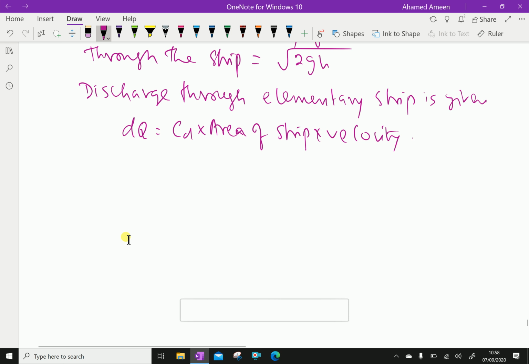Therefore, we can write dq equals CD into b dh, that is the area, and the velocity is square root of 2gh.